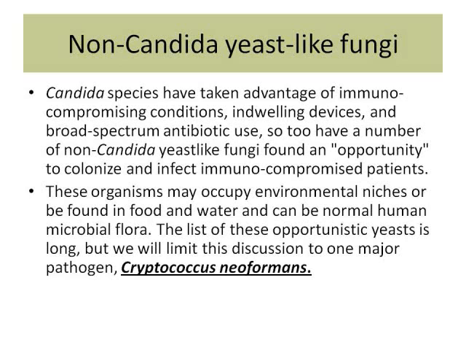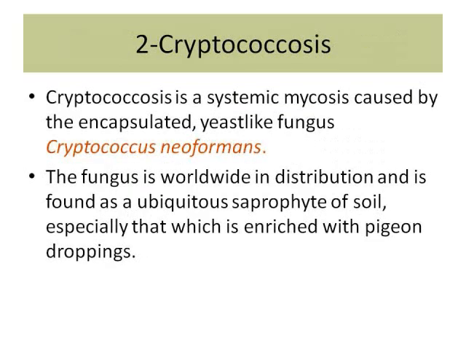And remember, this again is an encapsulated yeast. It is distributed worldwide, present almost everywhere, especially known in pigeon droppings. That's another thing that we want to consider, especially if you have a compromised immune system.